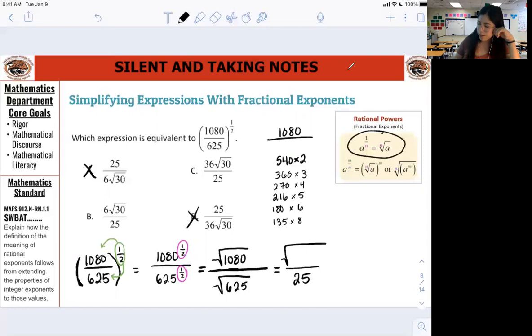Good. 108 times 10. We're getting closer and closer. Keep going. These are a lot of multiples. Yeah, it's got a ton of factors. 12 times 90.